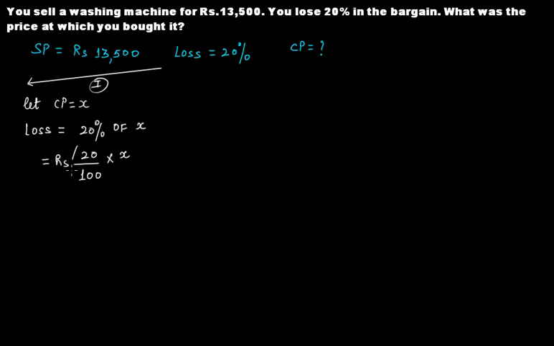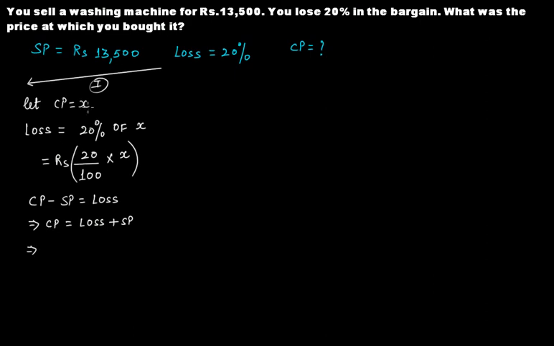Rupees this much. Now, since this is a loss, we know that cost price minus selling price is equal to loss. Since this is loss, it gives us cost price is equal to loss plus selling price. What's the cost price?